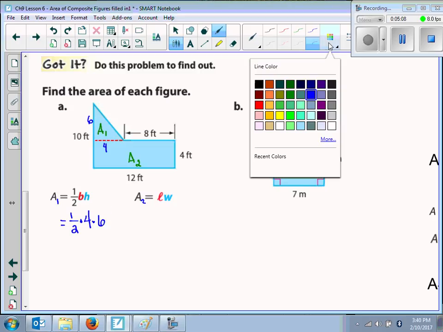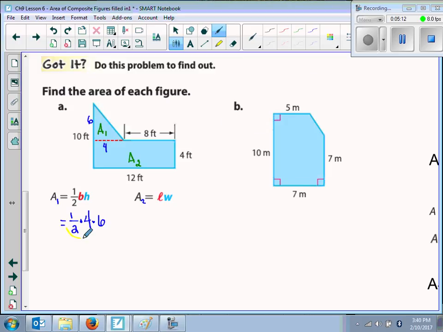Now when we simplify, we can do 1/2 of 4, which is what? 2. And then 2 times 6 is 12. So we've got 12 feet squared. Okay?